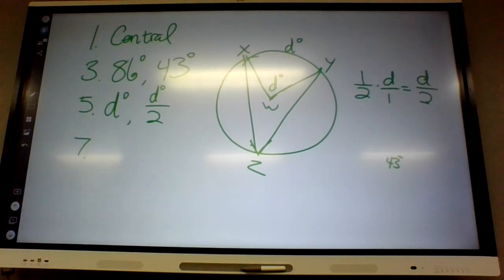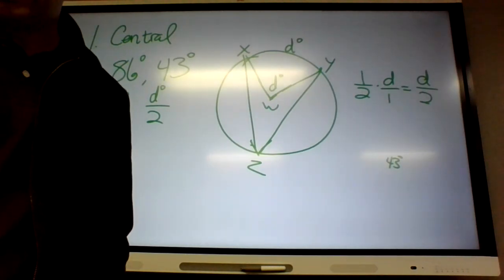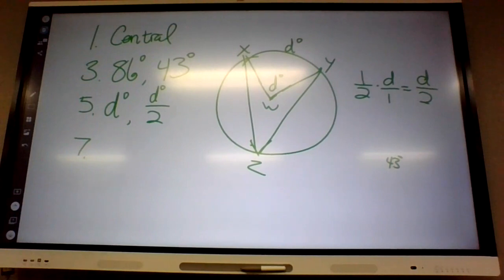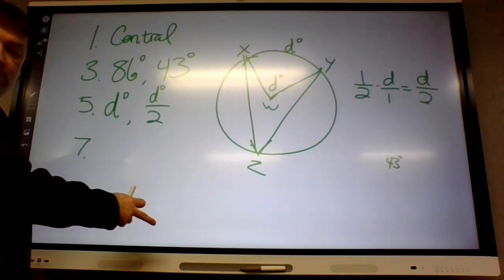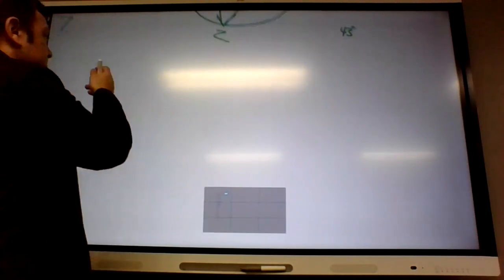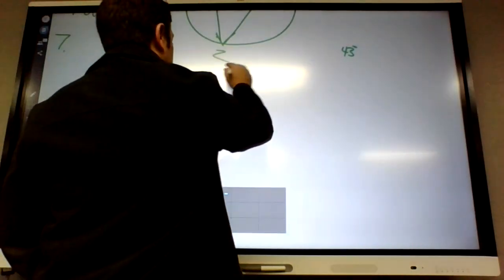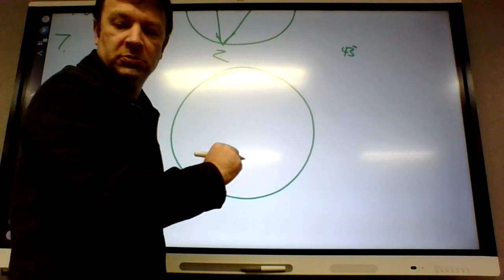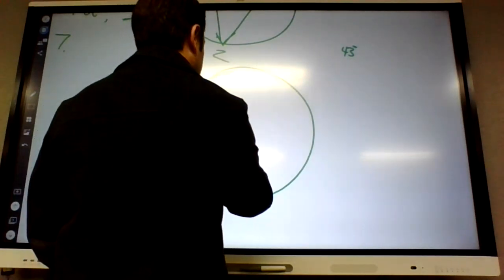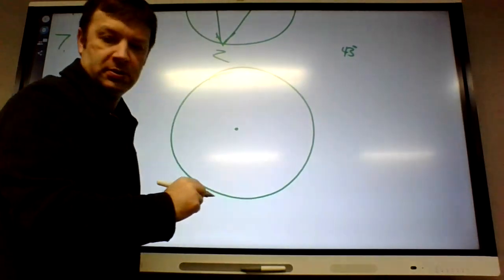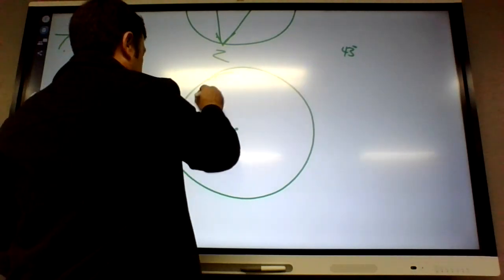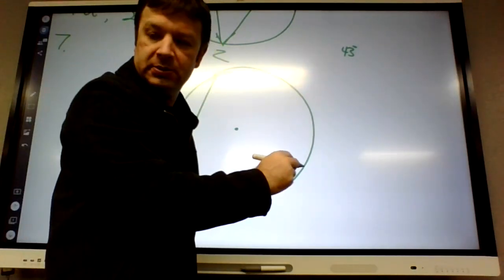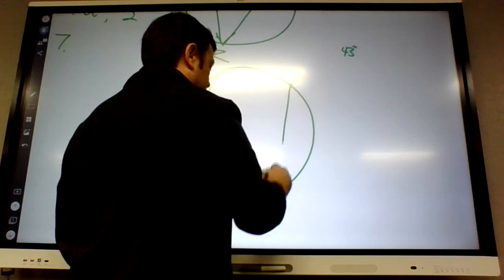Okay, anyways, number 7. I probably should draw this to look like kind of an X. Does not go through the center. That times that.